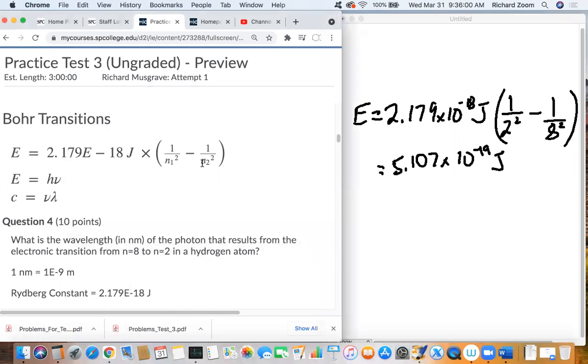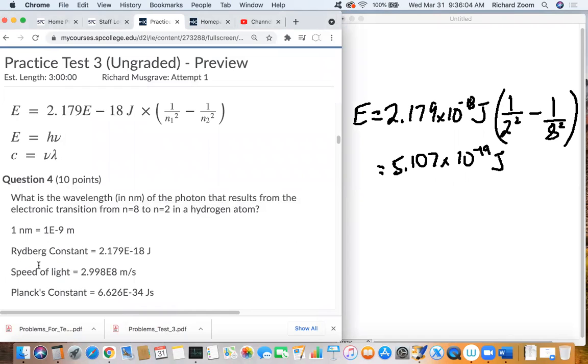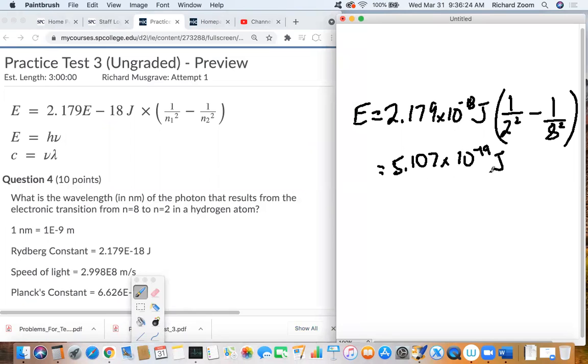Down here in question 4, I've got another set of things that allow me to determine what values these things actually have. So the speed of light, 2.998 times 10 to the 8th meters per second, and Planck's constant, 6.626 times 10 to the negative 34 joule seconds. You'll notice that when I do this, I do put in the units as well.